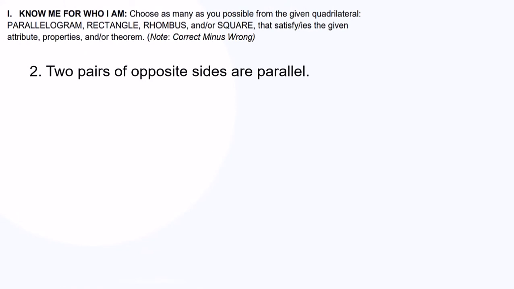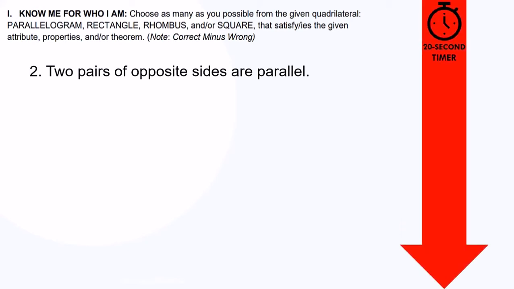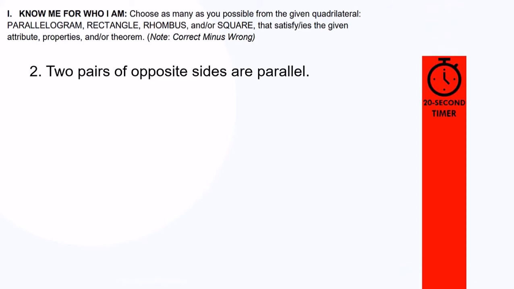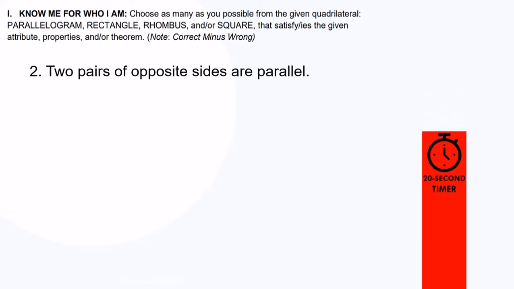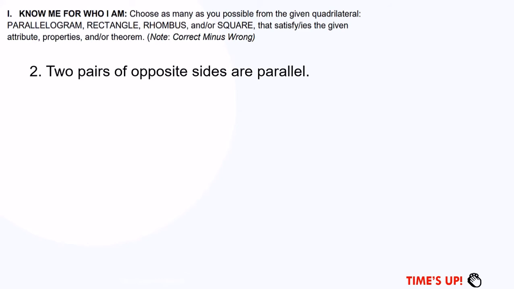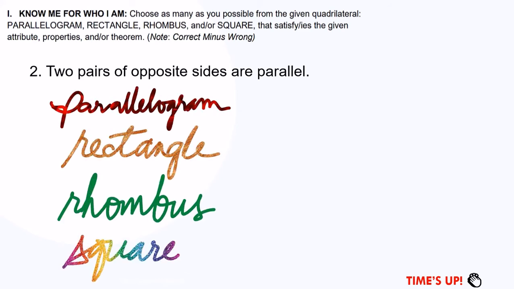For number 2, two pairs of opposite sides are parallel. What is your answer? Your 20-second timer starts now. The correct answer: parallelogram, rectangle, rhombus, and square.